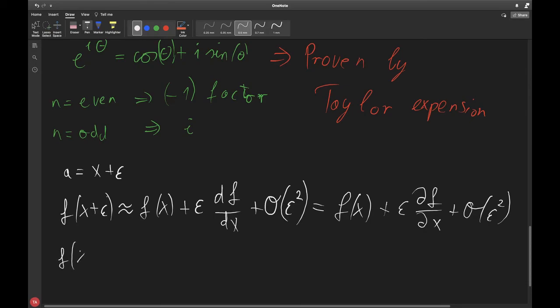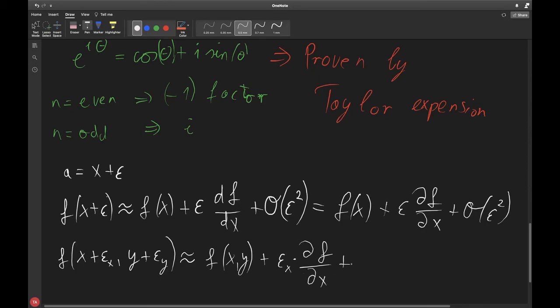So if I have an f function in which the x coordinate I move with epsilon x, and in the y coordinate I move with epsilon y, then this is going to be approximated as the function at f of x, y plus epsilon x times the derivative of f by x, plus epsilon y times the derivative of f by y.